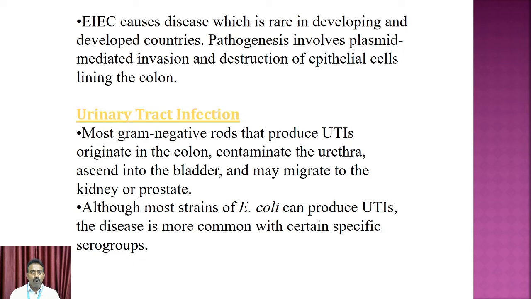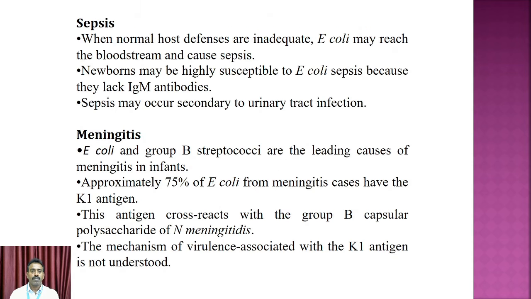The gram-negative rods that produce urinary tract infections originate in the colon, contaminate the urethra, ascend into the bladder, and may migrate to the kidney and prostate. Although most strains of E. coli can produce urinary tract infections, the disease is more common with certain specific serogroups.